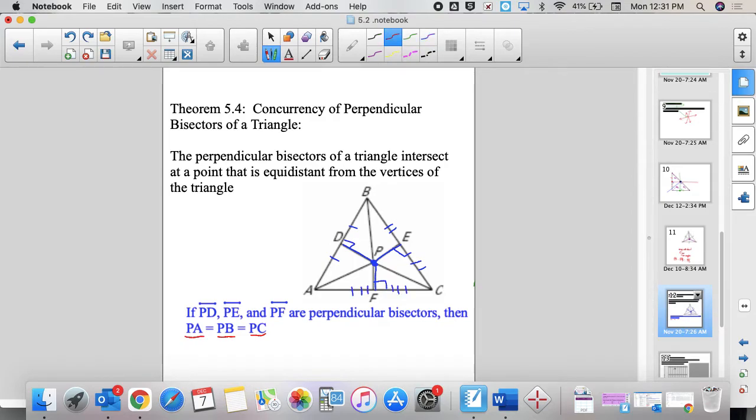All of your perpendicular bisectors meet at a point. They meet at this point P. That point P is equidistant from your angles. So P to A, 5 inches. P to B would be 5 inches. And P to C will also be 5 inches. And that's our theorem today. That's that property that we need to know.